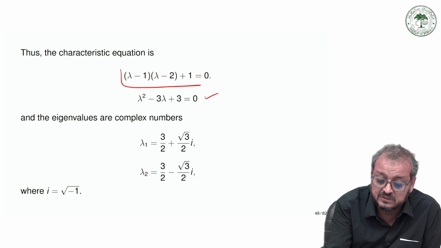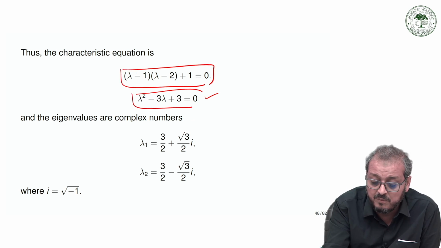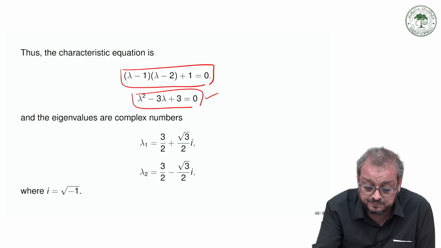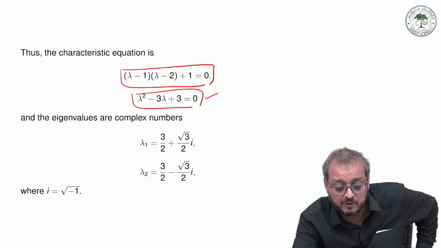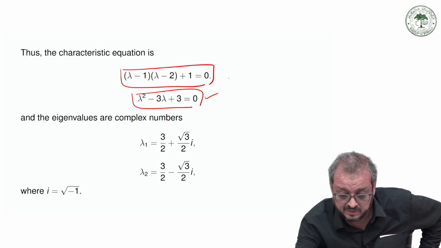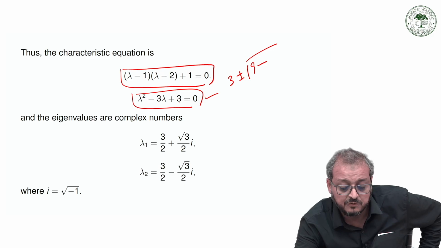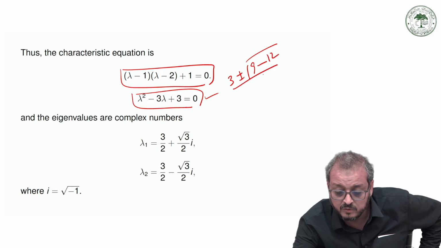Now we simplify this into the form of a quadratic, and use b squared minus 4ac. So lambda is 3 plus minus root of 9 minus 4ac, which is 12, over 2.